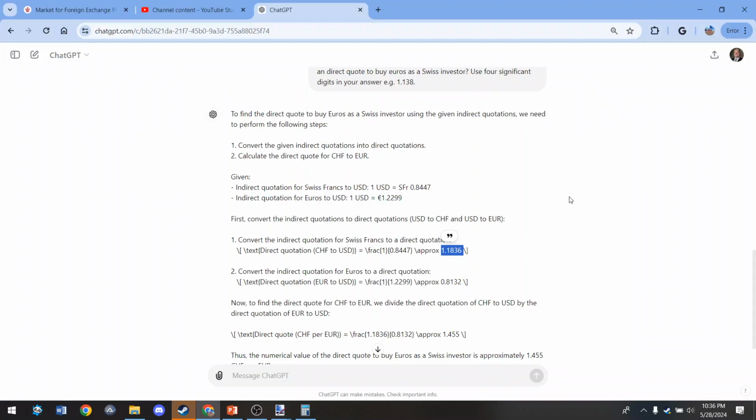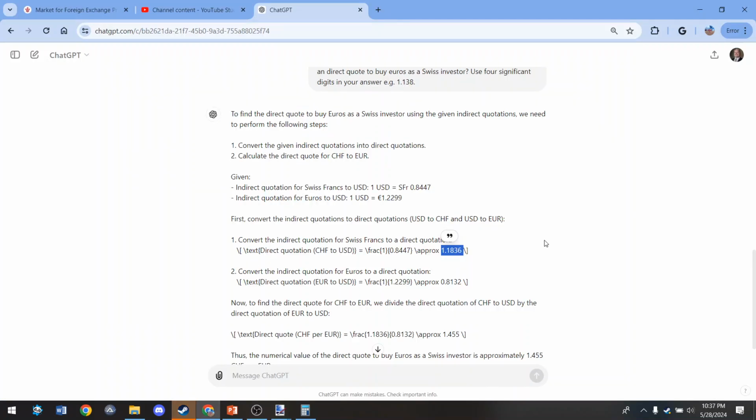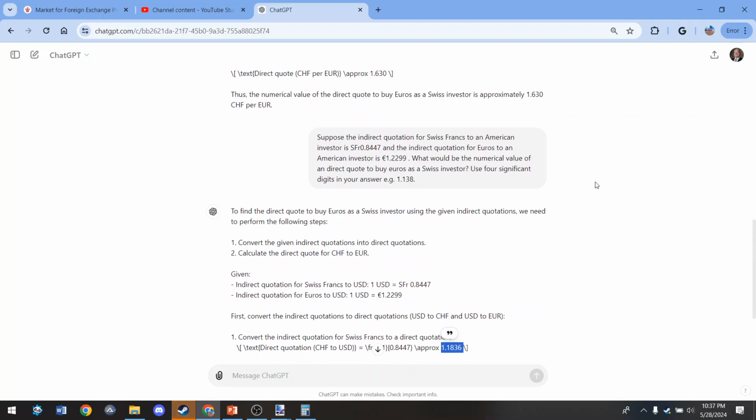So 0.8131 is what? It used to be euros to dollars. Now it's dollars to euros. So we pay 81 cents to get a euro, right? Now the question is, which of all these things do we actually want? What are we trying to do? It says we want a direct quote, so we want SFR over euros.